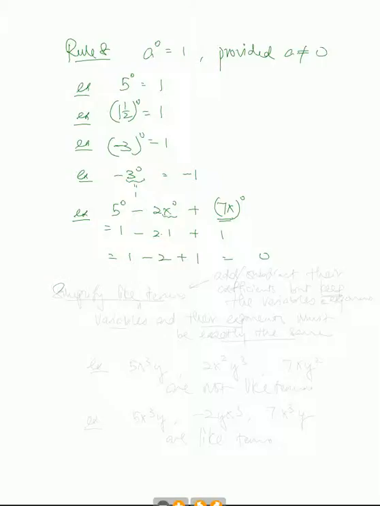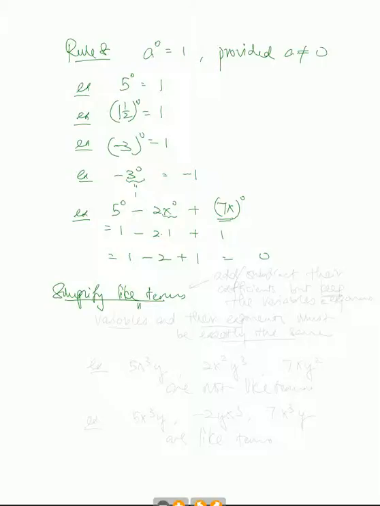The next thing we need to talk about is what do we mean by simplifying like terms. The reason why we're studying exponents is we need to identify clearly what is considered to be like terms, and exponents directly tells us in a way what is considered to be like terms.